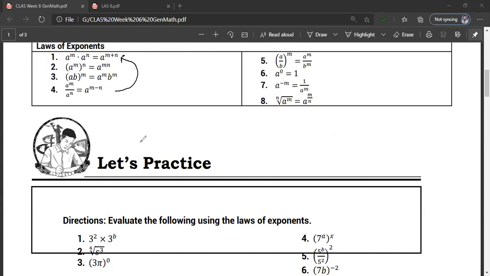Kay number 4, ang kabaliktaran, di ba, ni times is divide. Kapag dinivide natin yung dalawang number with the same base na may exponent, isusubtract naman natin yung mga exponents, kasi nga opposite lang sila.